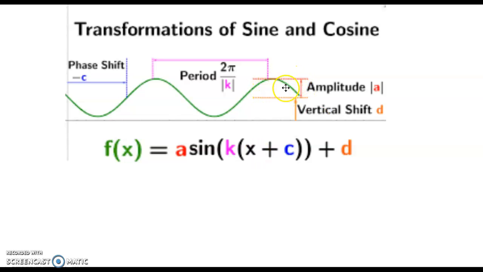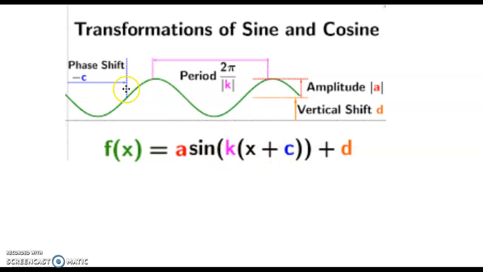Amplitude, or the height of our wave, is given by the vertical dilation, and the amplitude is again always positive because it's a distance or it's a height. So even if this is negative, it's only indicating a reflection, not a change in the amplitude.